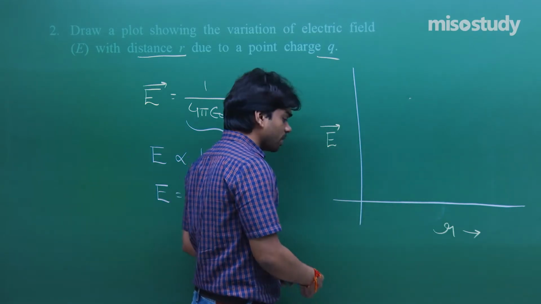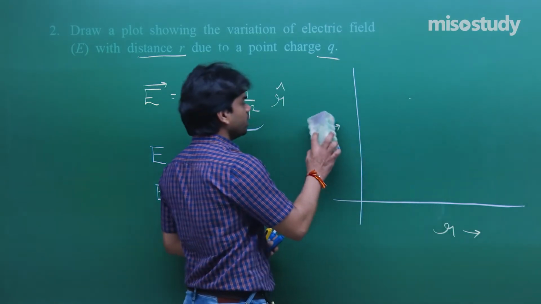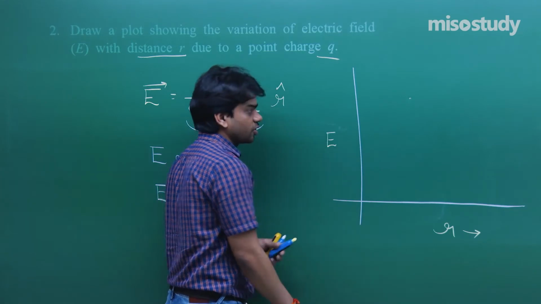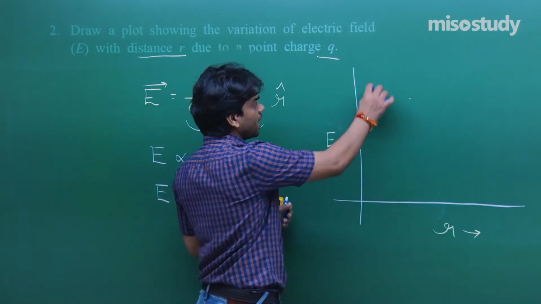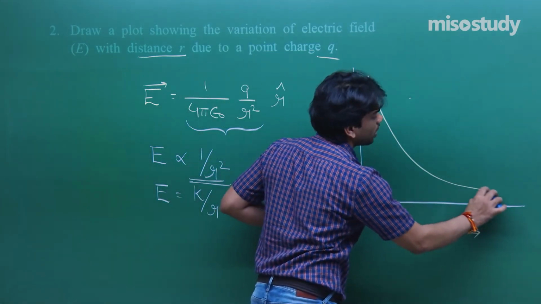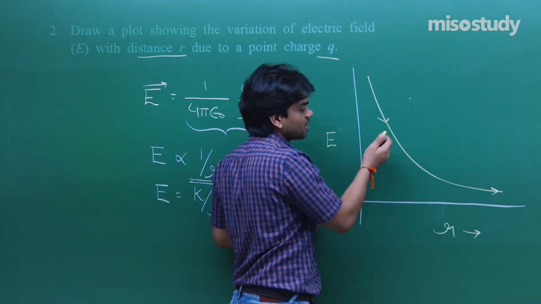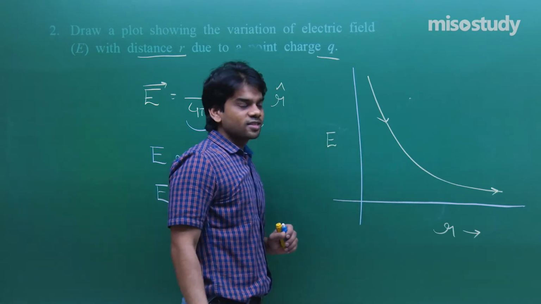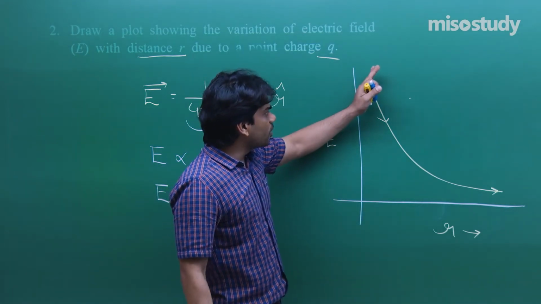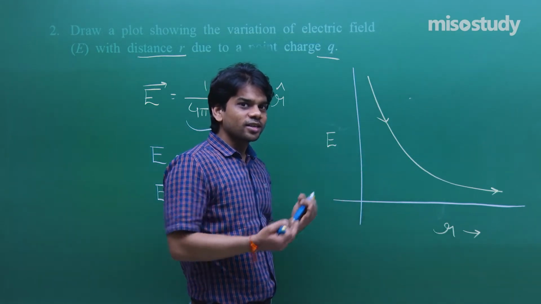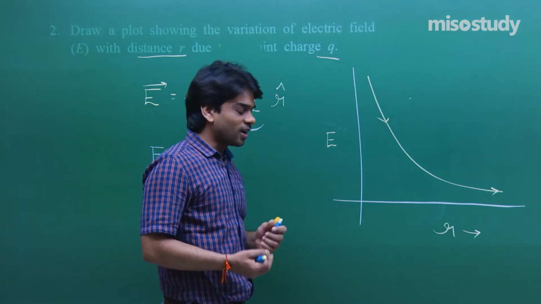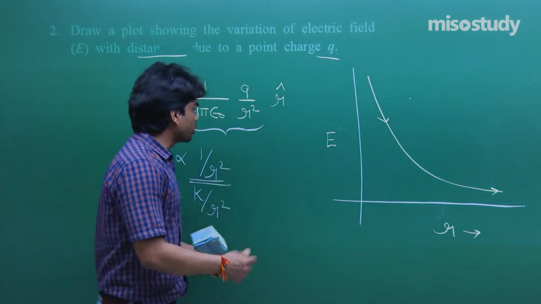Since we are talking only about the magnitude, let me use only a simple scalar representation for electric field. So it will vary in this sense, it's an inverse square law. So field value decreases as r increases, and it will be very high when you are trying to estimate the field near the charge. Simple question, let's not take more time on this.